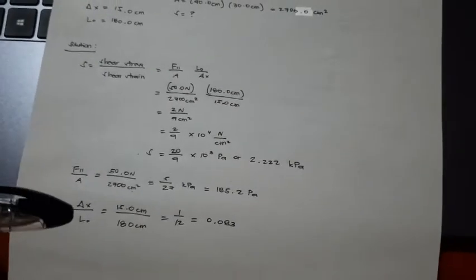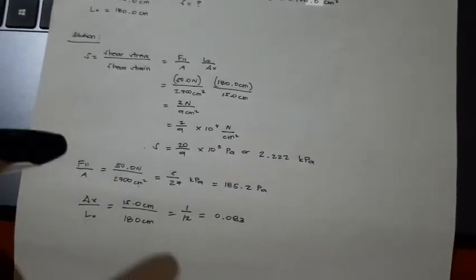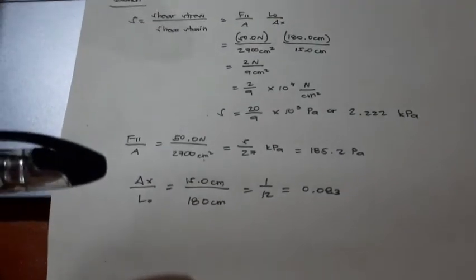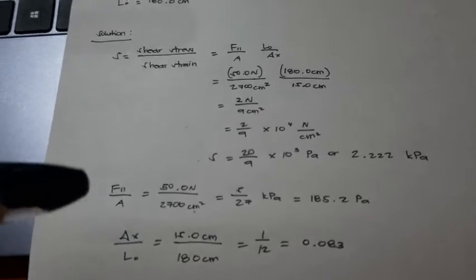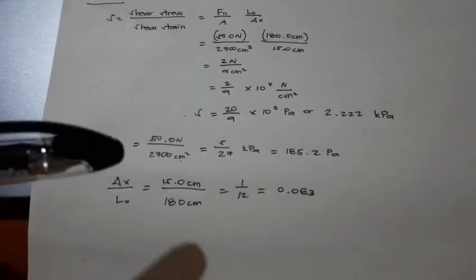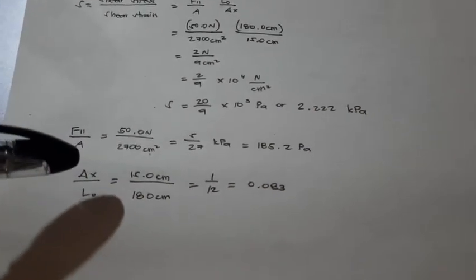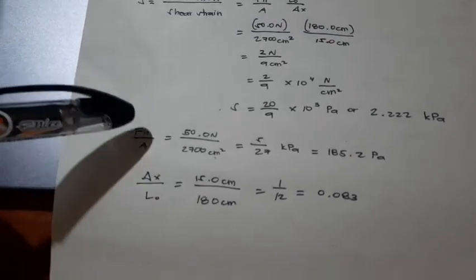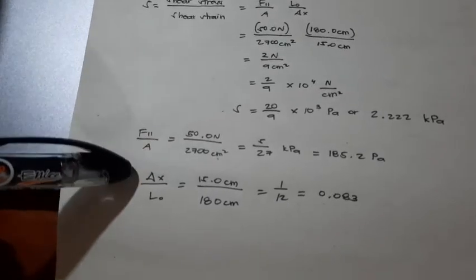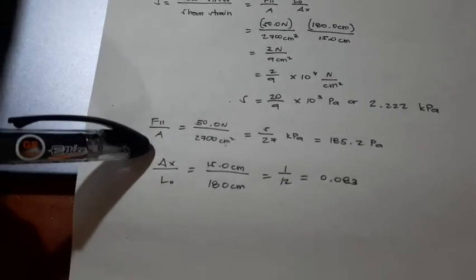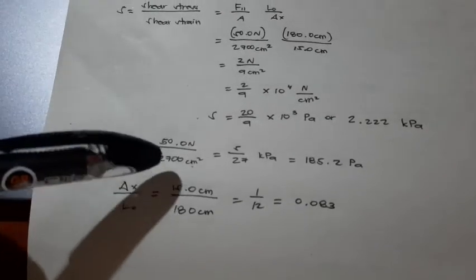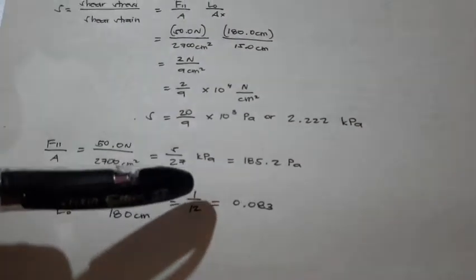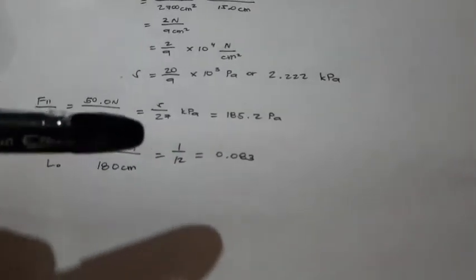Then we could also find the shear stress and shear strain, which we use this equation. Tangential force over the area, then simplify, and then we can get this answer: 185.2 pascals.